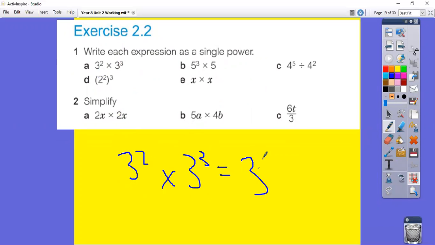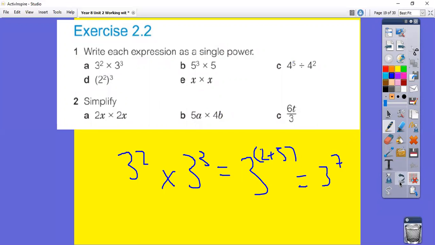So that's going to be 3, then 2 plus 5, we're adding the powers, so that's going to be 3 to the power of 7. You do the rest of the questions, and then we'll check the answers later on when I post the answers.